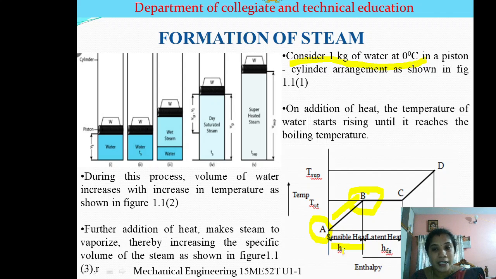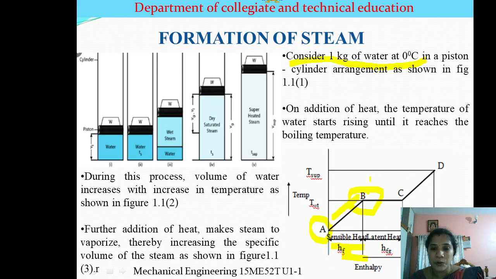H indicates heat. What we are doing? We are giving heat to the water. The system is water. Why f? Because still the water is in the liquid form. Hence it is denoted by hf.